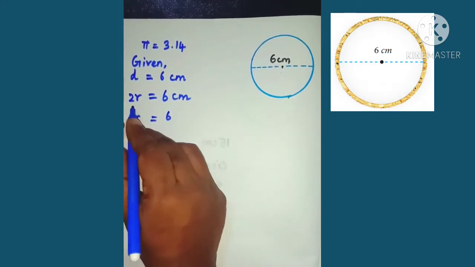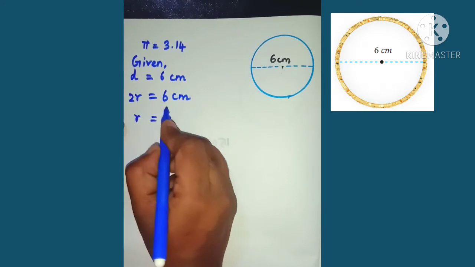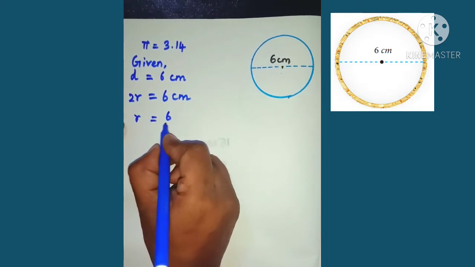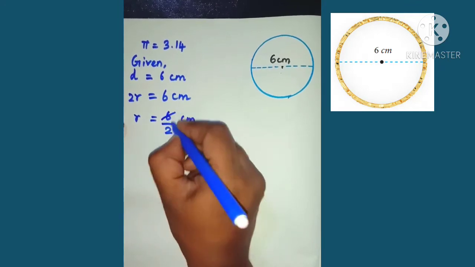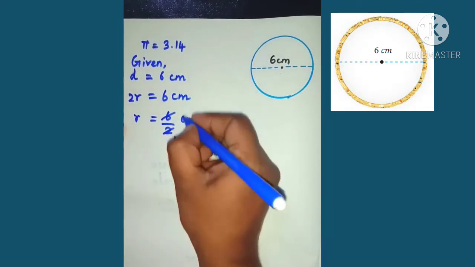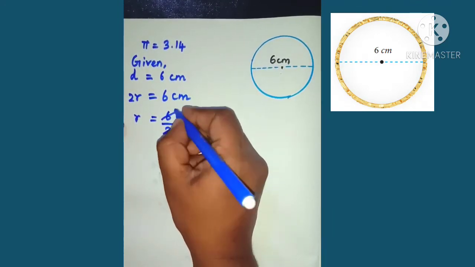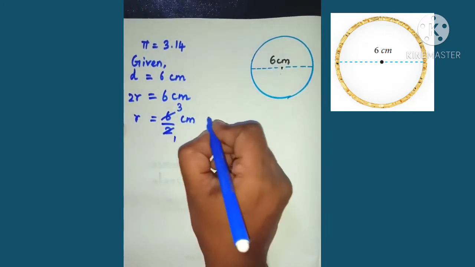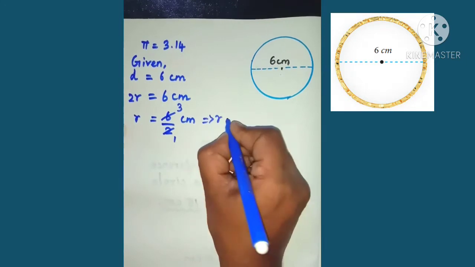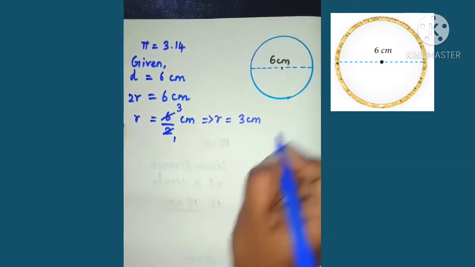Here it is in product, so if it crosses the equal to sign, it becomes 1 by 2. So cancelling 6 and 2, in the denominator 1 time, and in the numerator 3 2s are 6, 3 times. So r is equal to 3 centimeter.